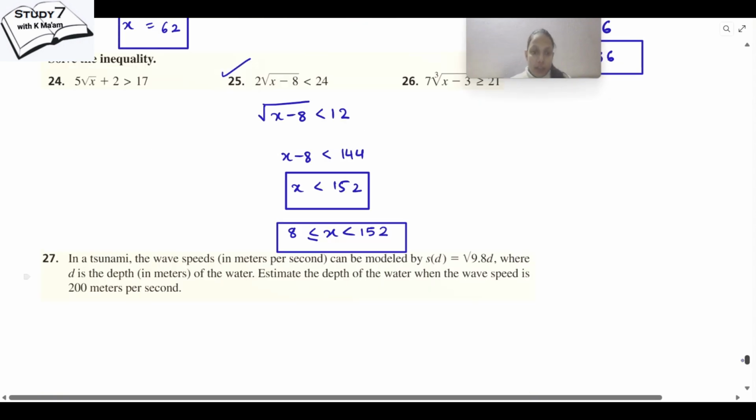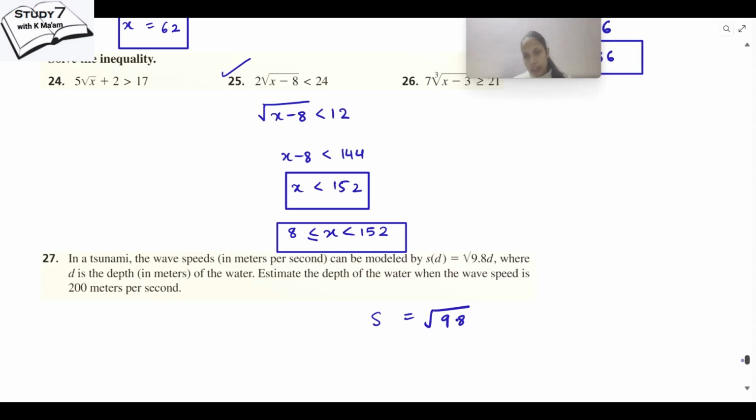Next. In a tsunami, the wave speed can be modeled by this. This is the speed of the wave, where D is the depth of the water. Estimate the depth of the water. We have to calculate the D value when the speed is 200 meters per second. So speed S is the square root of 9.8 D. Speed is 200.